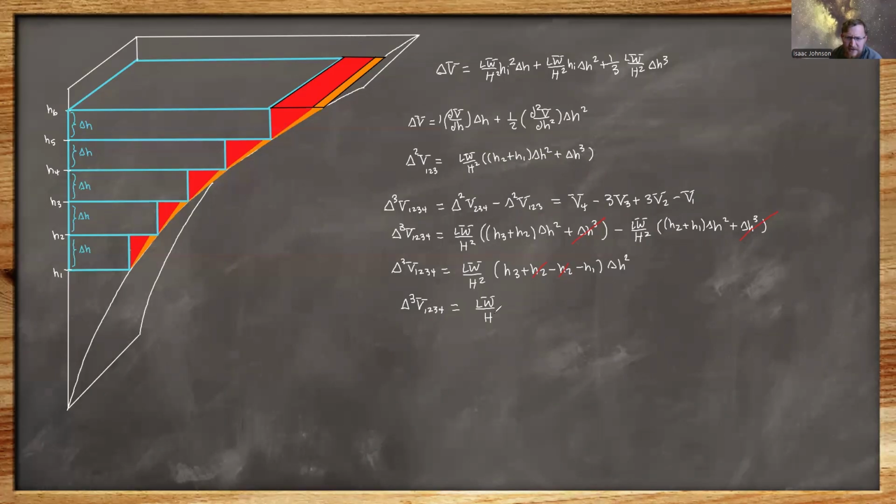And we're just left with, I think, H3, couldn't that be written as H1 plus 2 delta H? So H1 plus 2 delta H gives us H3. And then we're subtracting H1, so those cancel.